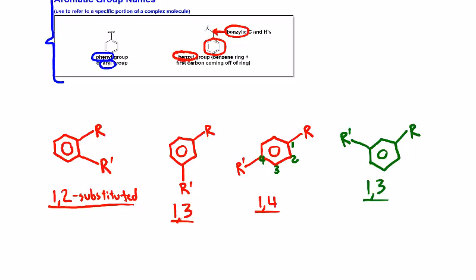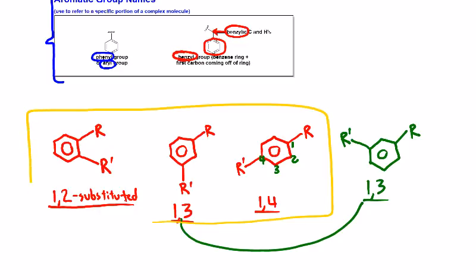So it would be exactly the same as the structure that we saw here. So there are only 3 possibilities here. The 1,2 substituted, 1,3 substituted, and 1,4 substituted. So 3 possible constitutional isomers that we could create out of a disubstituted aromatic ring.